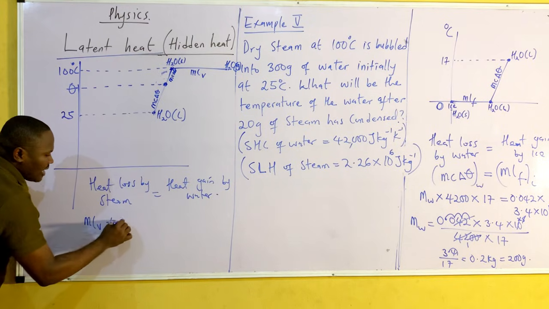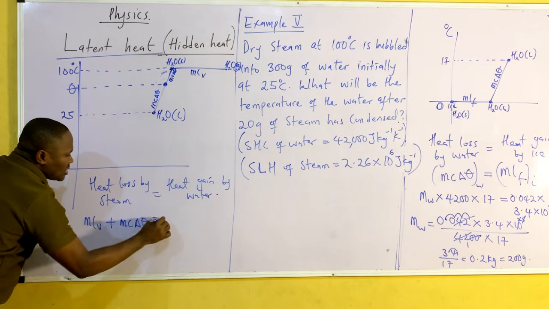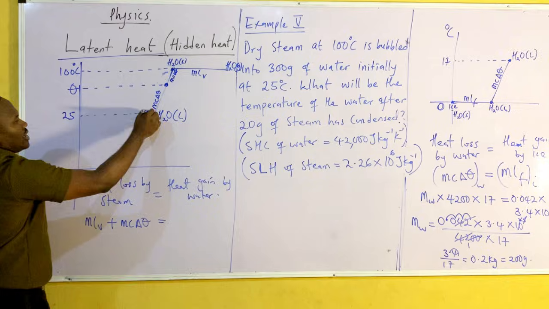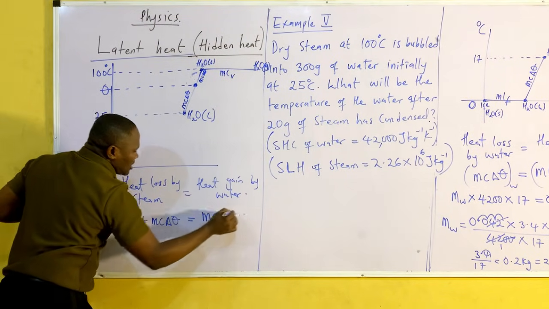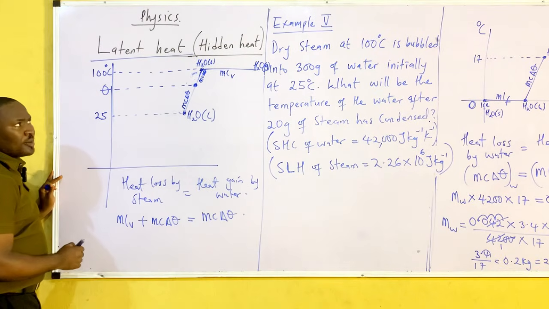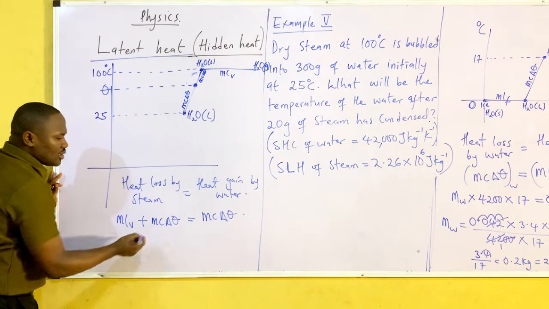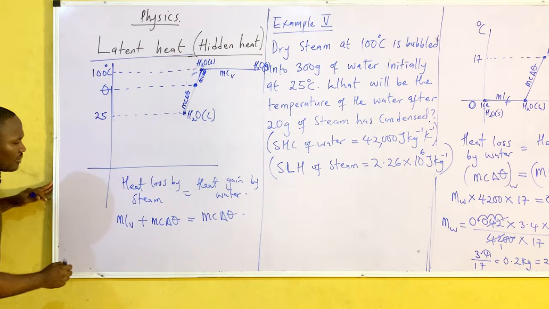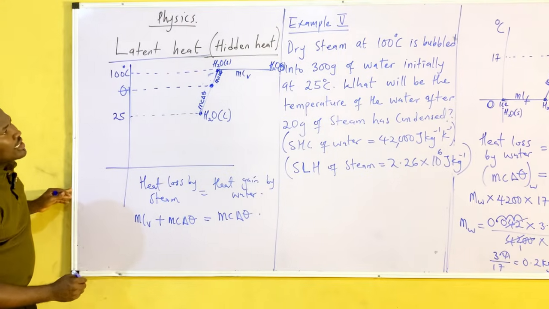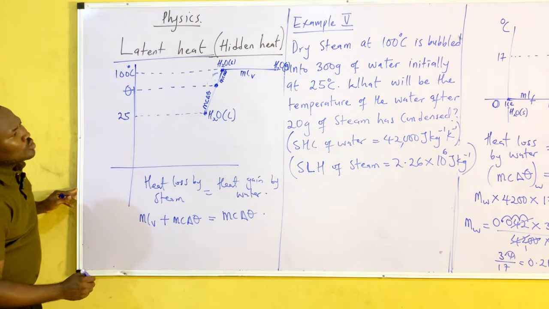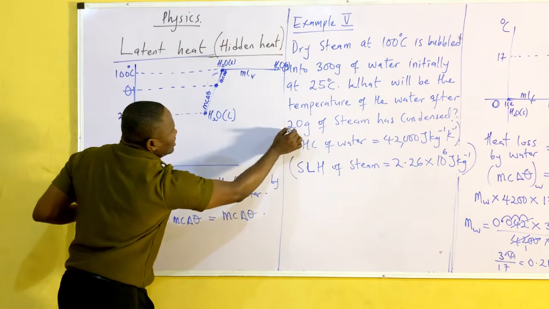I have mc change in theta, which is the heat gain, just mc change in theta. Now, remember the temperature we're looking for, we'll see it soon. The mass of steam that was given in the question is how many? It is the mass of dry steam, and this is bubbled in. So the mass of steam is 20 grams.